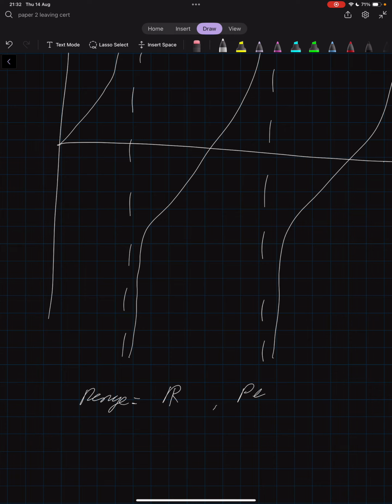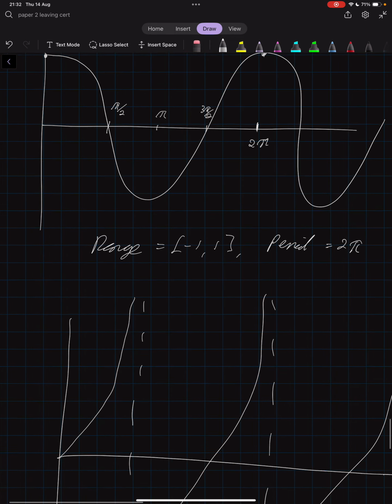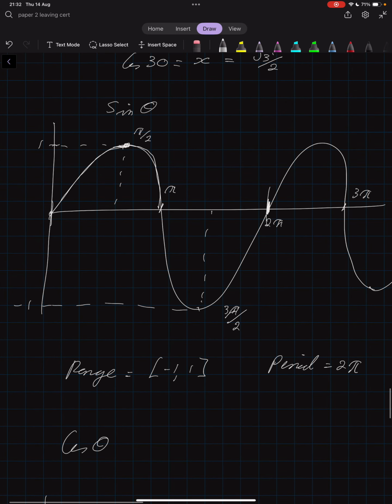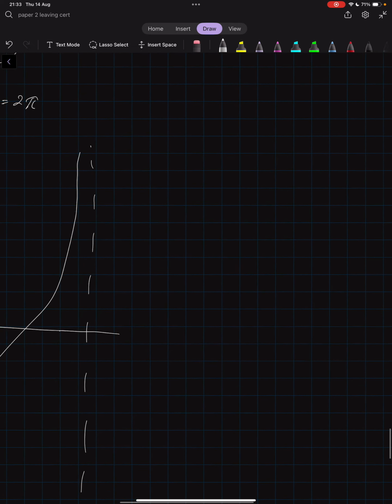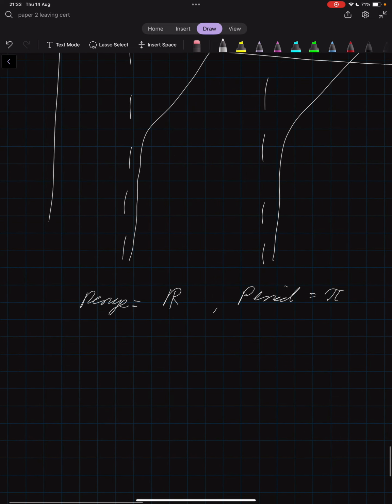And the period equals pi. So this is the one that's a little bit weird. It repeats after every pi, not 2 pi. Okay, just to be clear. Because here, the slope is positive, then it goes negative, and then it goes back to being positive. Because this slope here is the same as the slope up here. So it actually repeats after every 180 degrees, not 360, which is quite interesting.